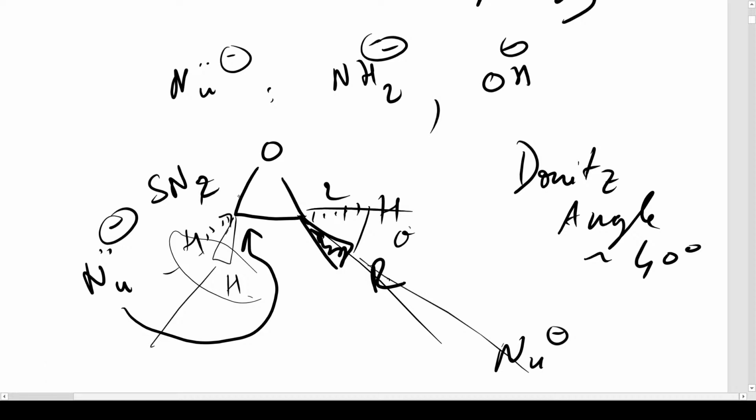That means you have inversion of configuration, but here it's not a big deal. If you have, for example, 2 R and 1 R, you have 1 clash with 1 carbon, and here you have 2 clashes, so it's hindered and cannot attack from here.